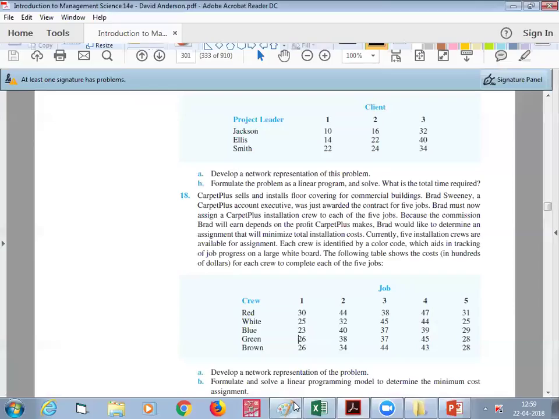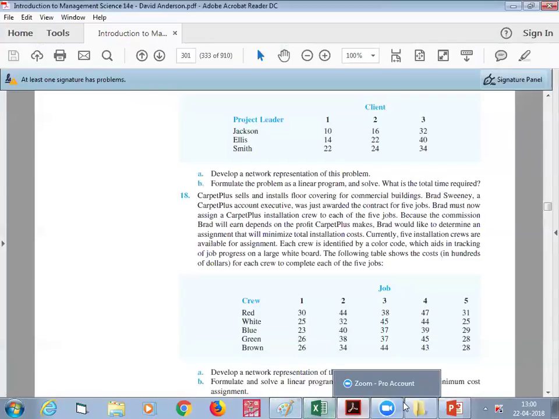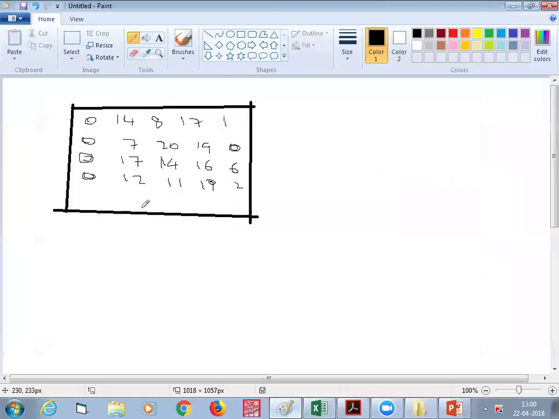Okay, and last one, 26 again. So 0, 8, 18, 17, and 2.